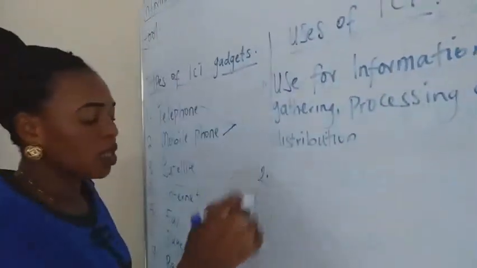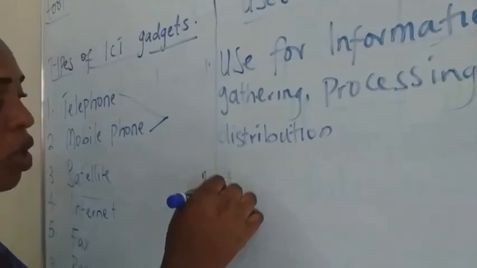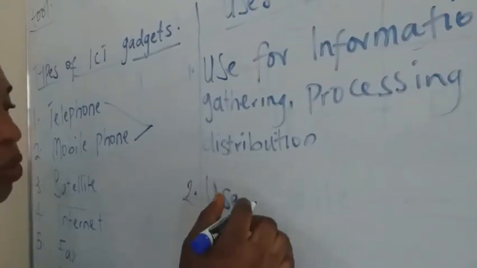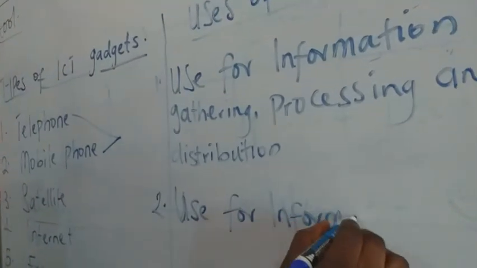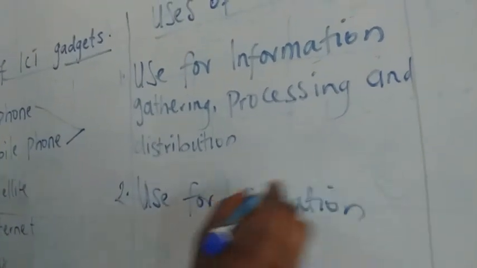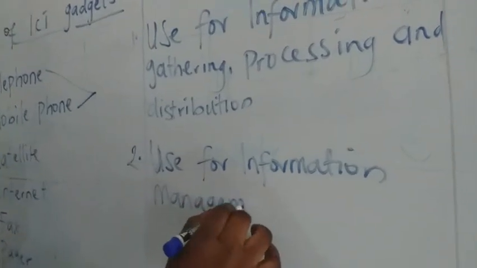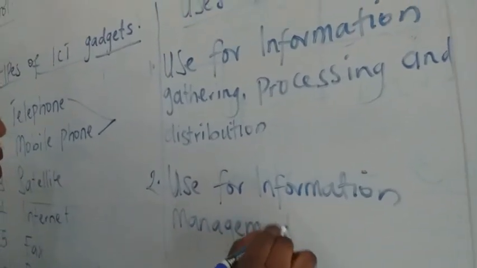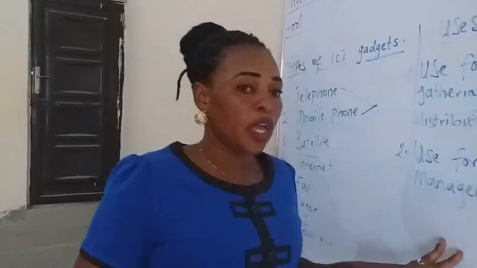Number two, the second use of ICT is information management. ICT is used for information management. Now with the use of ICT gadgets, you are able to manage your information.